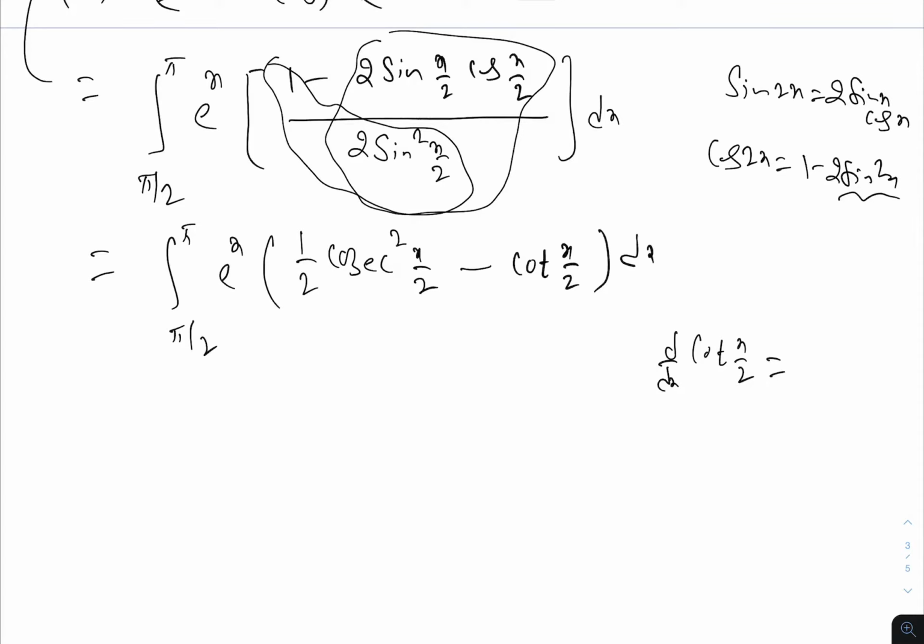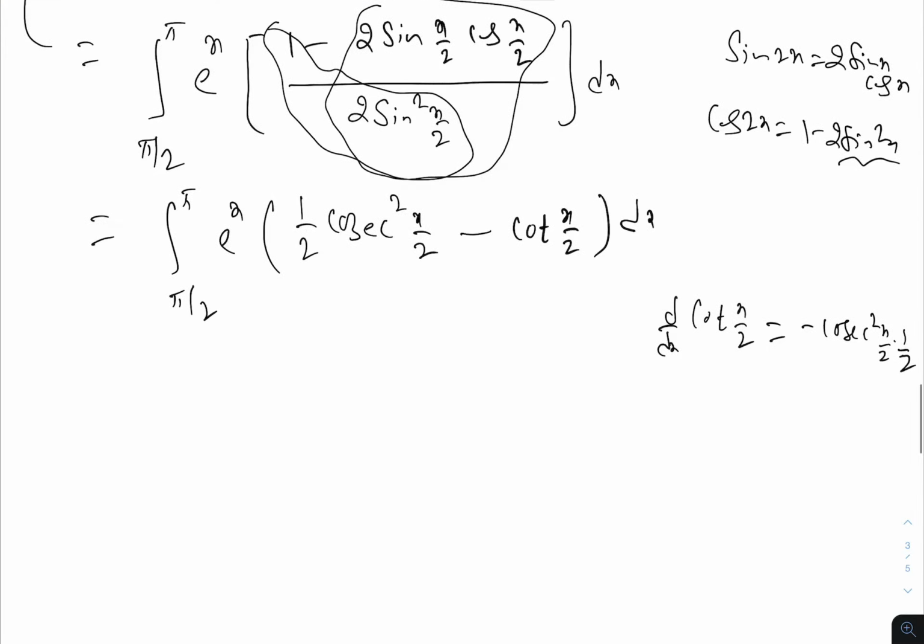So derivative of cot is minus cos x square, and 1 by 2. So this is nothing but the integration from pi by 2 to pi of e power x.